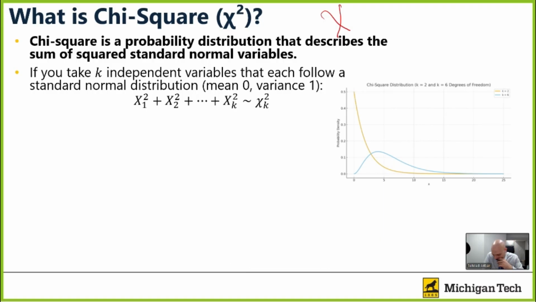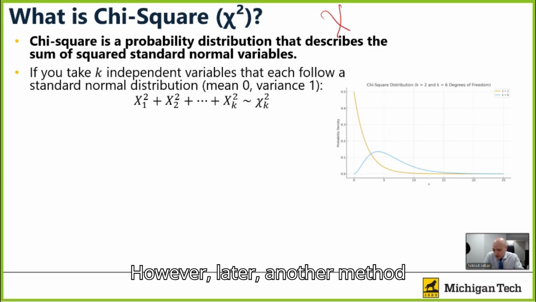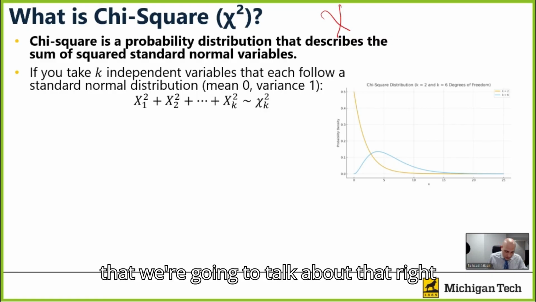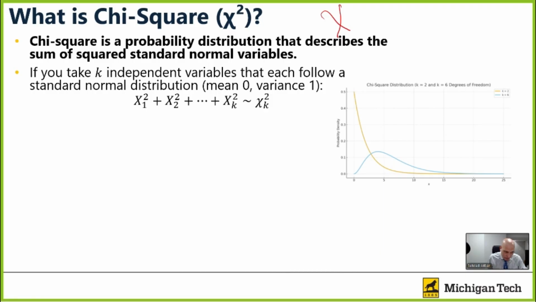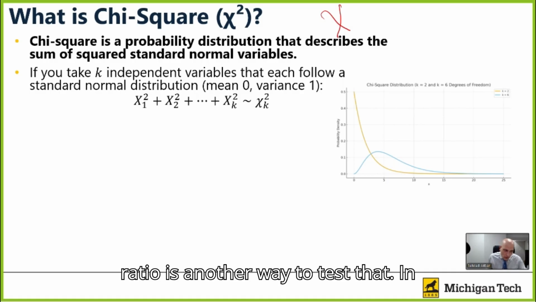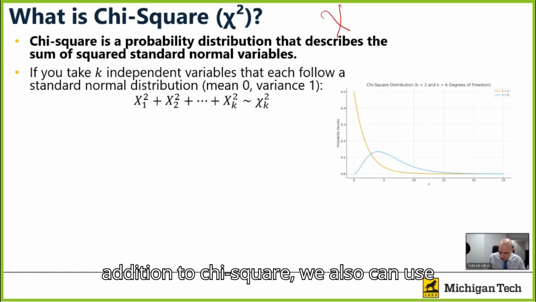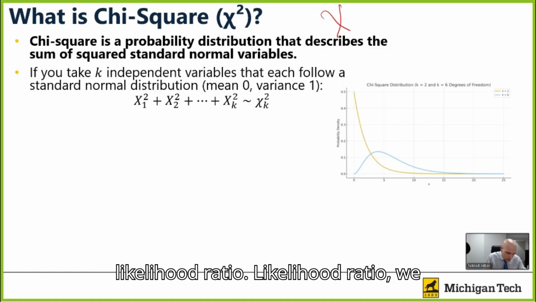However, there is another method that we're going to talk about right now as well, called the likelihood ratio, which is another way to test that. In addition to chi-square, we can also use the likelihood ratio.